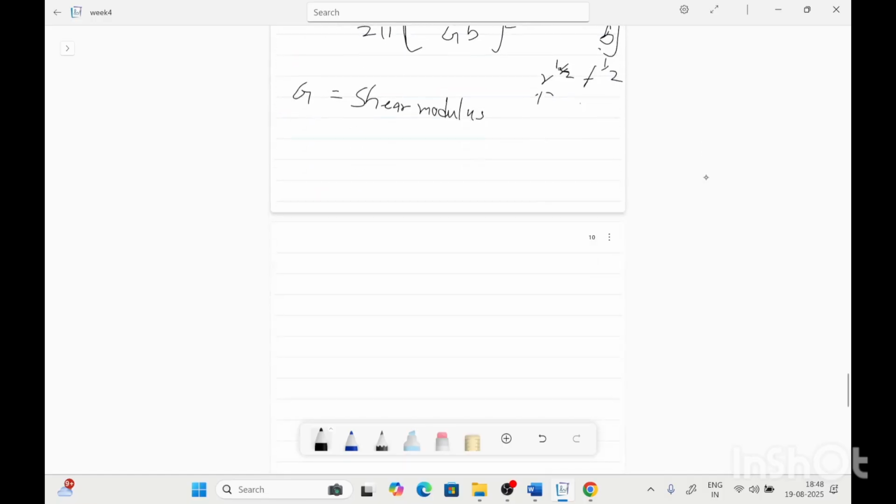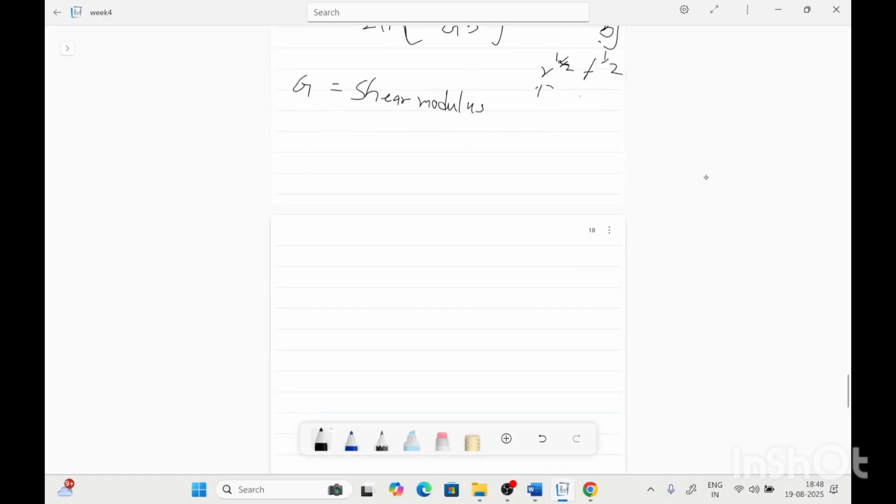Then there are two more hardening mechanisms. One is the interfacial energy. It means the interfacial energy role comes in at small precipitate size.